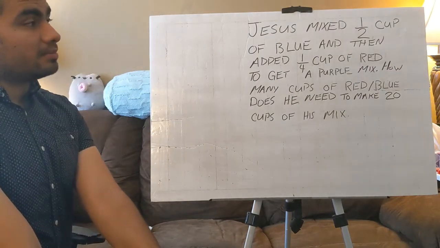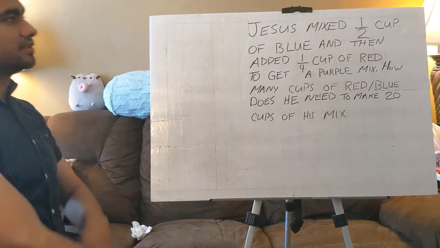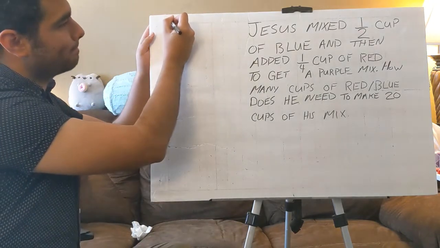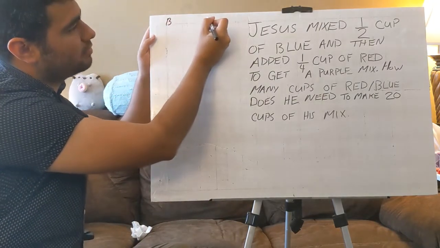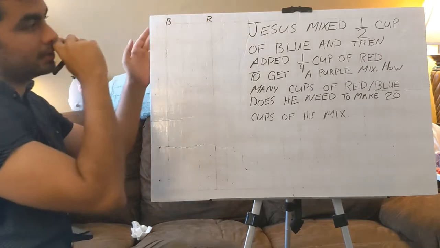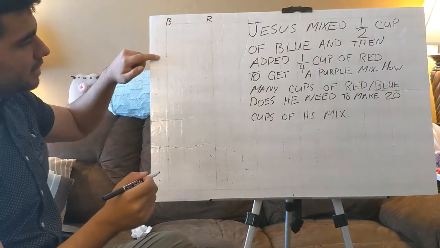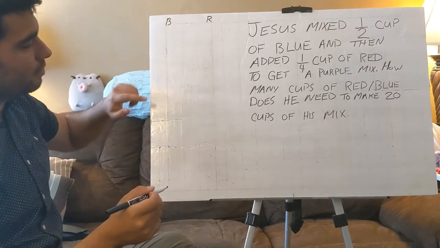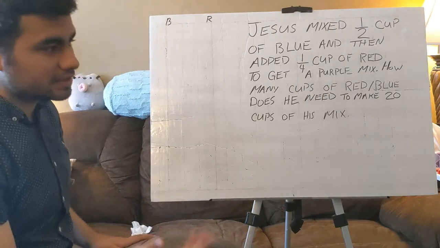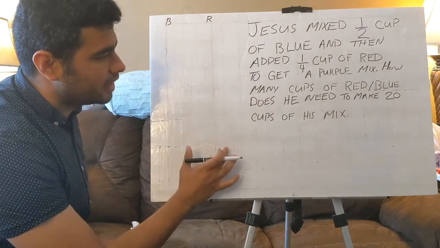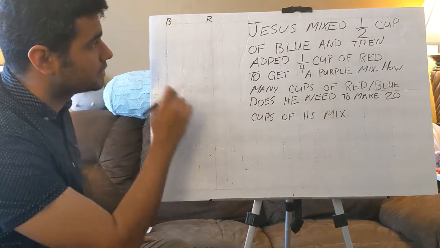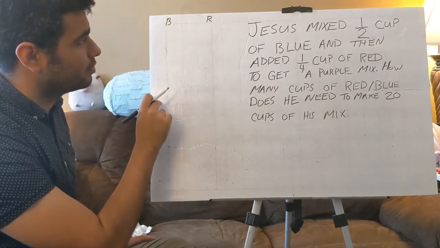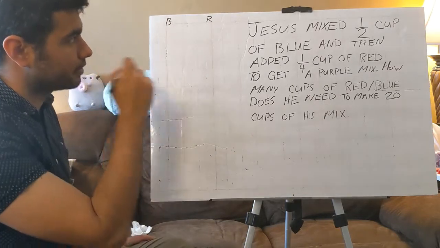Okay. Now, in order to do this, I'm going to keep track of how much blue and how much red I'm using. And for every mix that we make of this stuff, we're going to keep a running total of how much we are making. We stop once we have 20 cups of each, or once we add blue and red together, we get 20 cups all together.